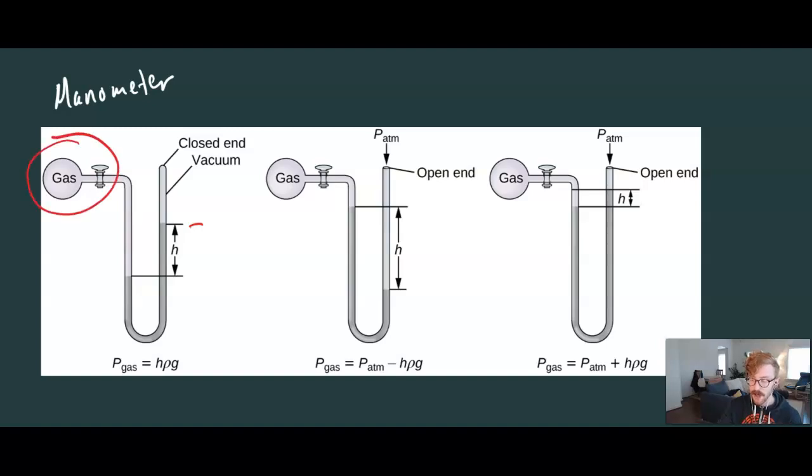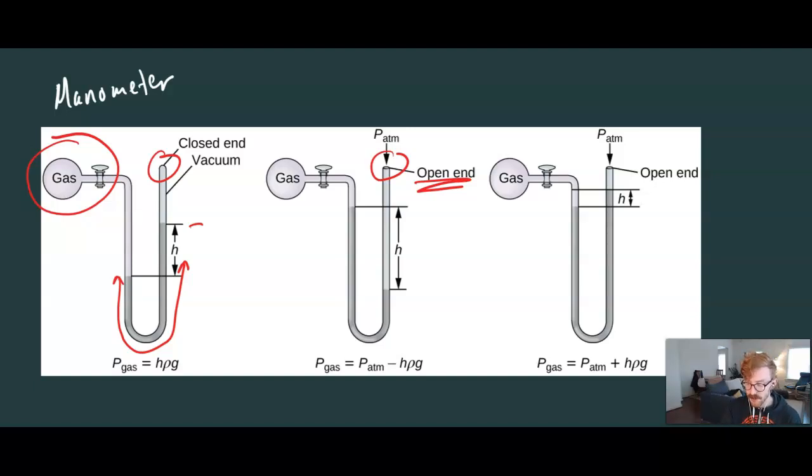You have a sample reservoir that we can, in a controlled manner, introduce to either a closed tube system with a U-tube shape down here, an inverted tube filled with liquid mercury. There's also another design with an open-ended tube, where we also have to account for the pressure of the atmosphere in our calculations.